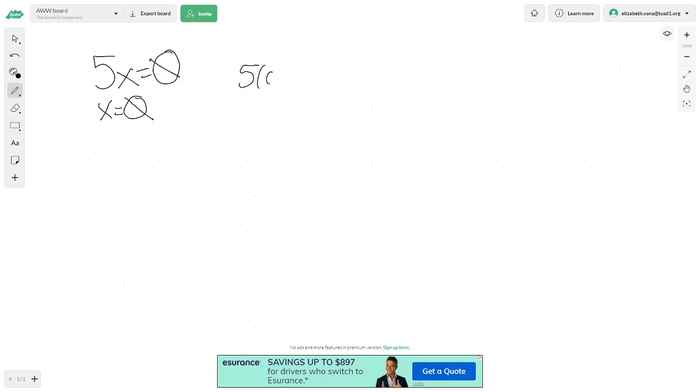So we know 5 times 0 equals 0, and 6 times 0 equals 0. So anything times 0 equals 0. And in order to get 0 as an answer, at least one of the two numbers you're multiplying together has to be 0.